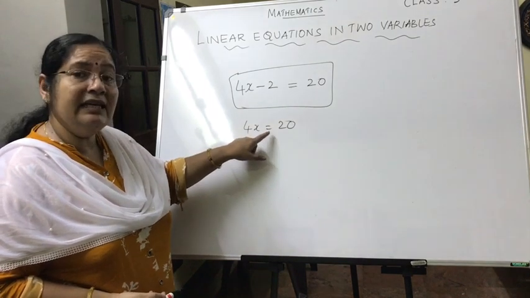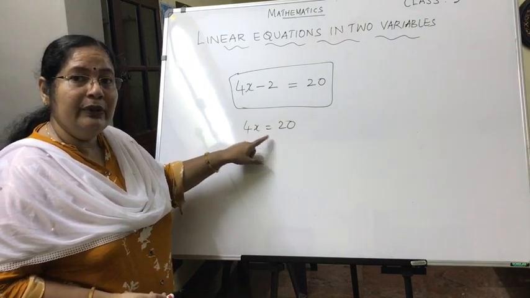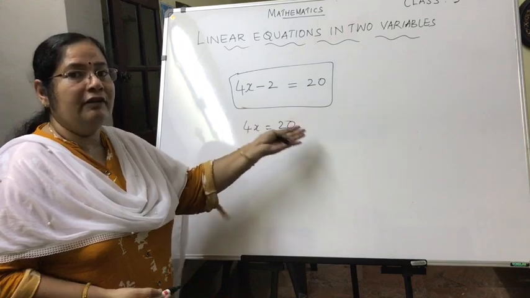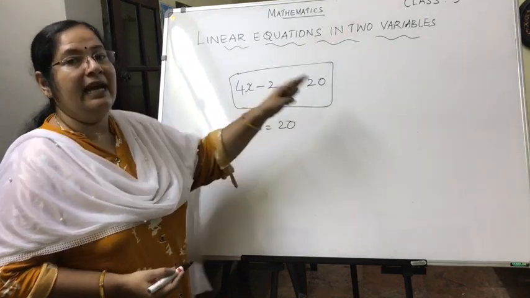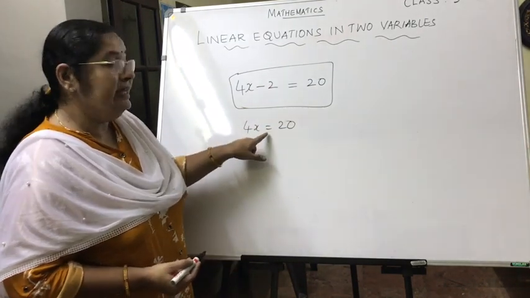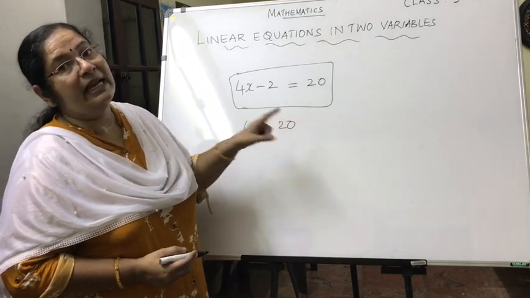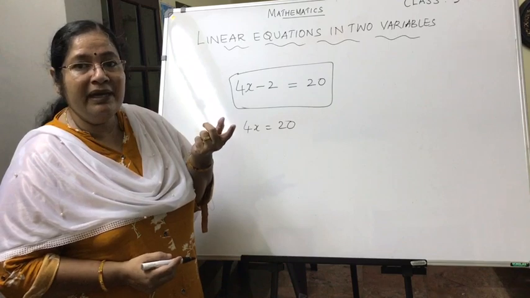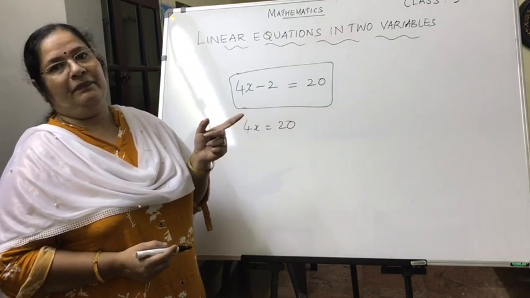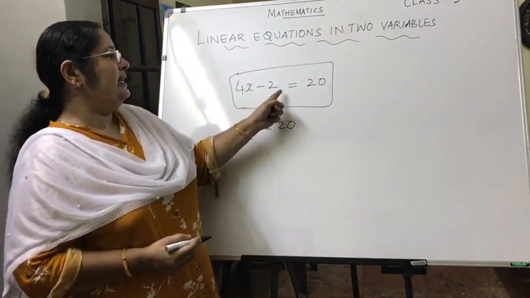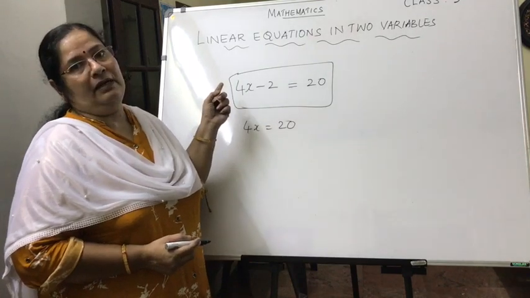Now what does this equal to sign tell you? There are two parts for this equation, the left hand side and the right hand side. And this equal to sign tells us that both the left hand side and right hand side are being made equal. So this is a linear equation in one variable.